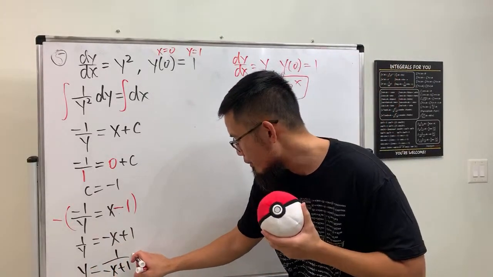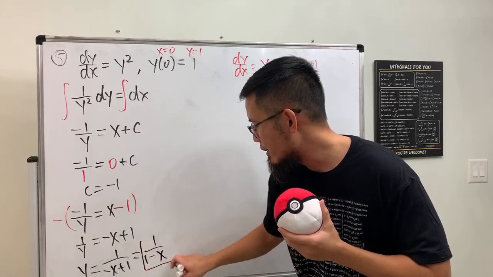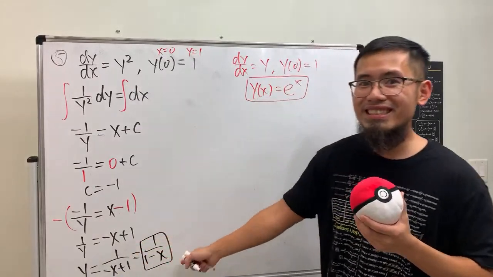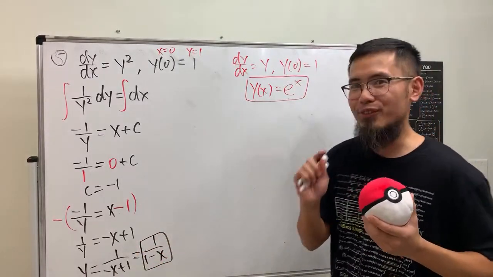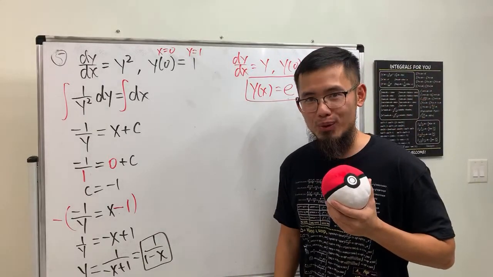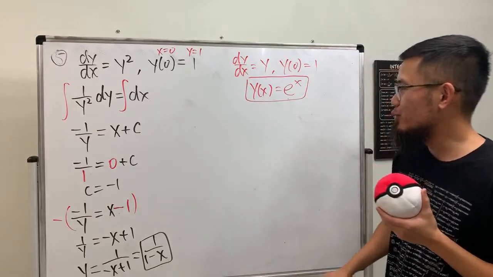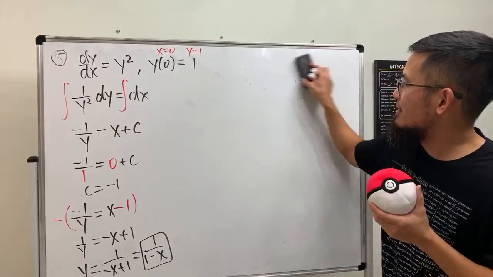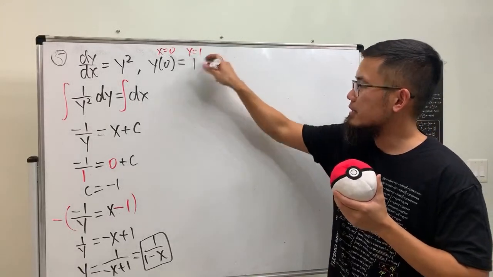Better yet, I'm going to purposely write it as 1 over 1 minus x. Why? Because this is the best friend, which is going to be happening in the third part of my course, namely sequence and series, and also power series. All right, so that's going to be another secret weapon coming up next. All right, number 6.